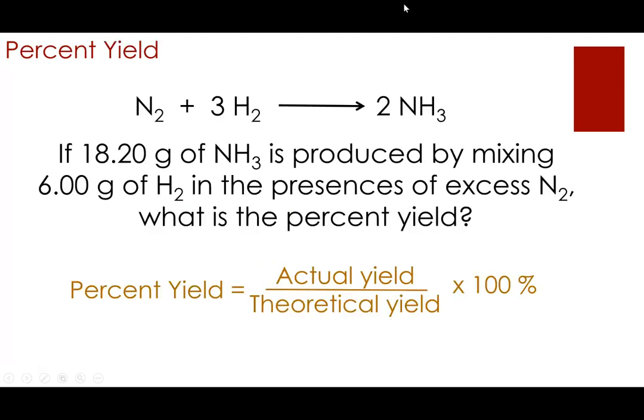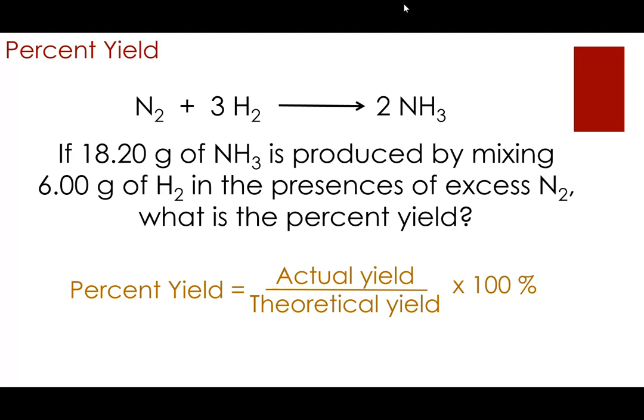Okay. So here is an example. If 18.2 grams of ammonia is produced by mixing 6 grams of hydrogen in the presence of excess nitrogen, what's the percent yield? Okay. So let's break this down. 18.2 grams of ammonia.